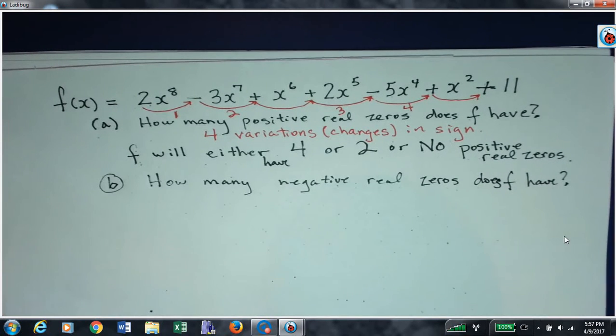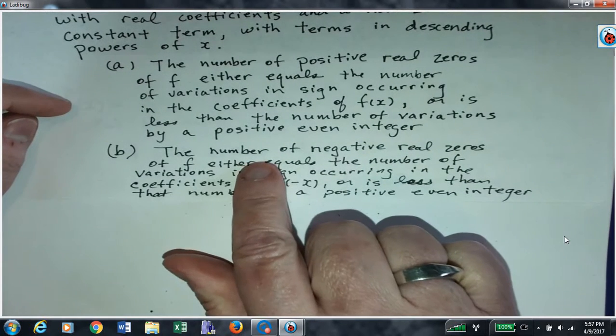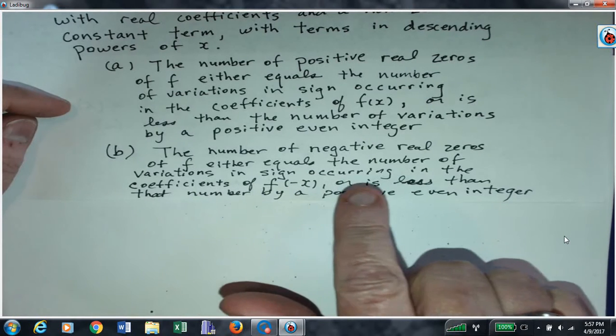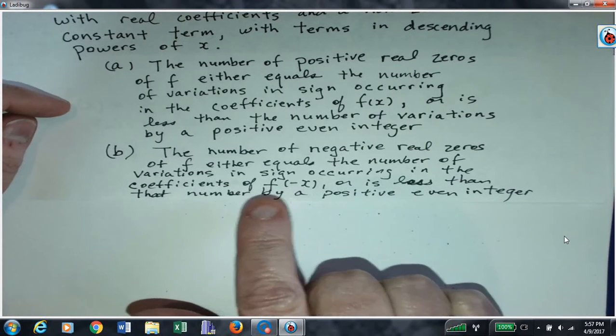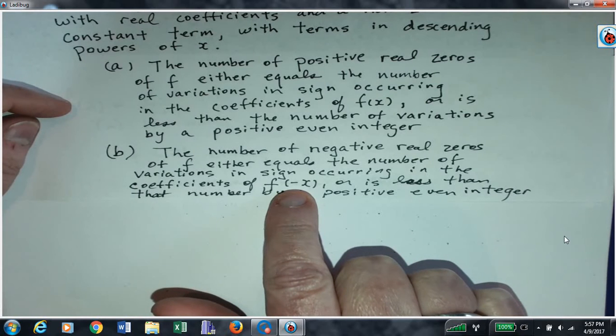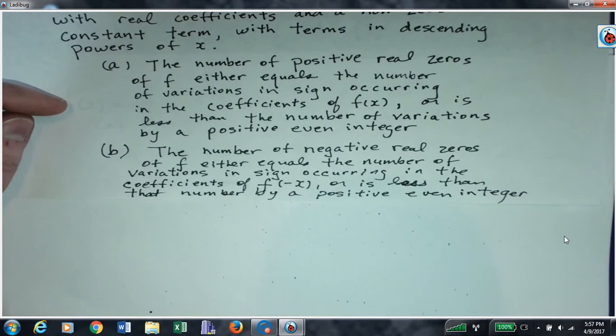Well, let's put the rule back up here. The number of negative real zeros of f either equals the number of variations in sign occurring in the coefficients of f of negative x, or is less than that number by a positive even integer.